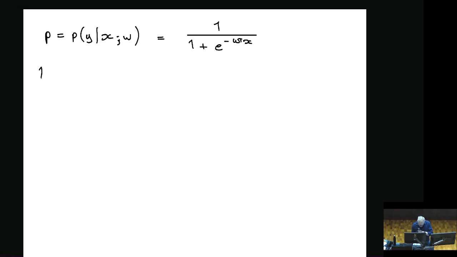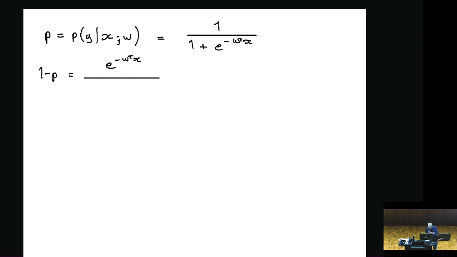And then we can say 1 minus p equals, and I'm not going to go through the steps, so you're just going to have to check for yourselves. Omar has a nice video that I'll link to where he derives the negative log likelihood for gradient descent, which is actually a bit more straightforward. But I'll do it this way: e to the minus w transpose x over 1 plus e to the minus w transpose x. Okay, cool.